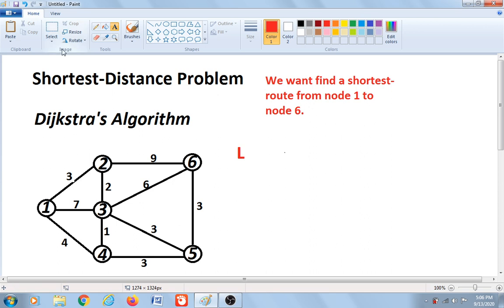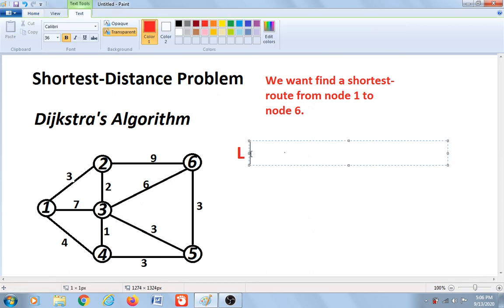Okay, so I'm gonna put L as the distance, and I'm gonna have L in parentheses. So we start from node number 1, so the distance from node number 1 to node number 1 is 0, and the distance from node number 1 to node number 2 is 3.